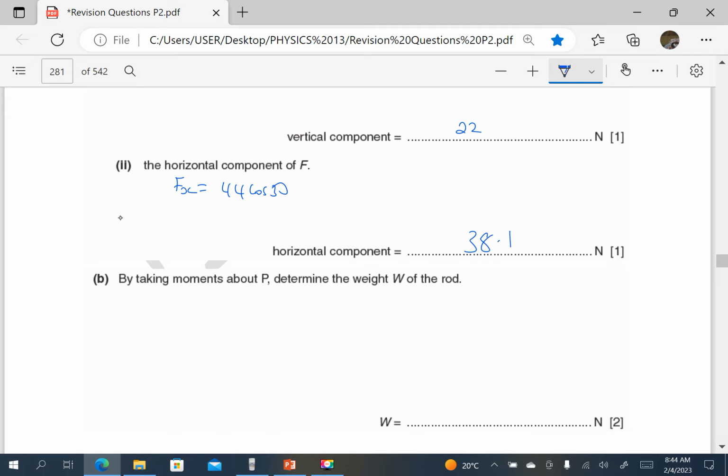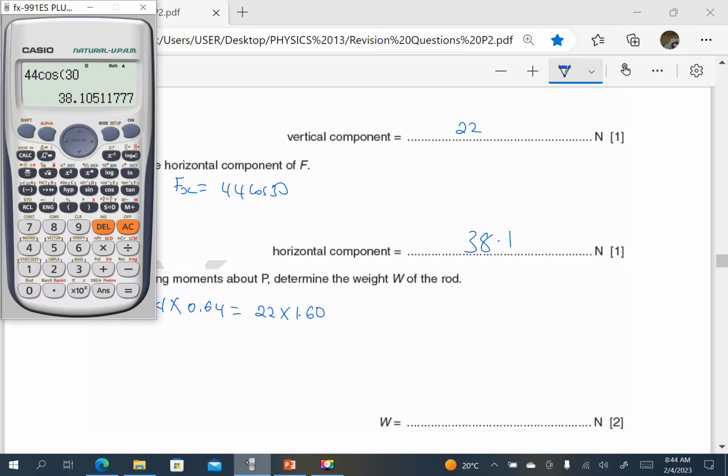We take the vertical component because it's the vertical component which has moment about P. The horizontal component has no moment. Its line of action will act through P.